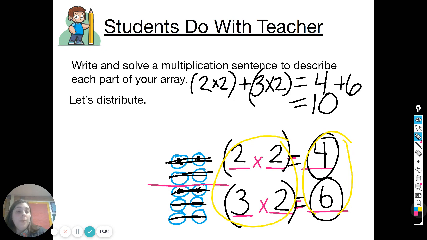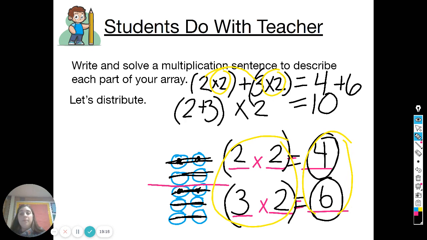Now, remember, both of these are getting multiplied by 2. So I'm going to keep that times 2 part, and I'm going to take my 2 and my 3, which are separated right now, and I'm going to put those together. 2 plus 3.